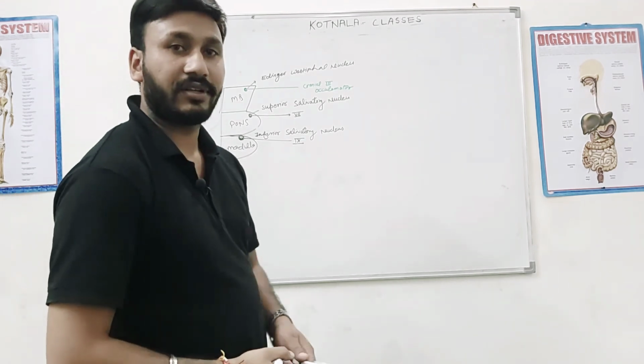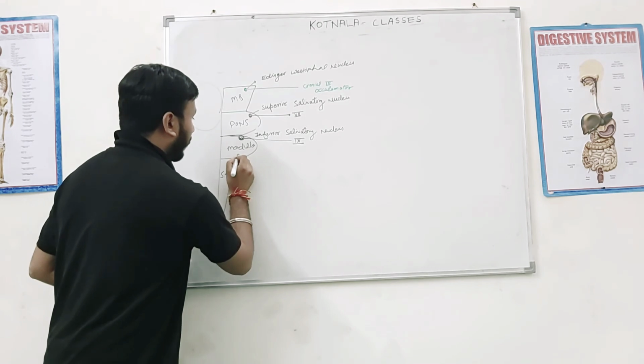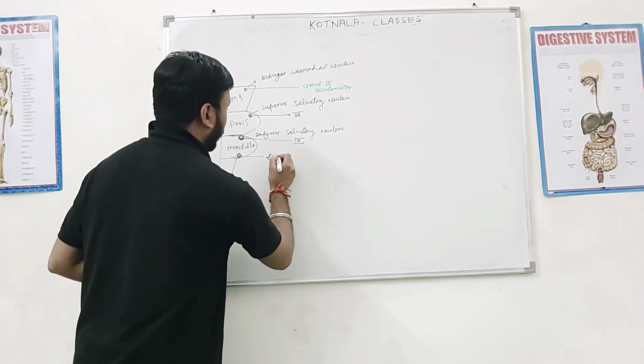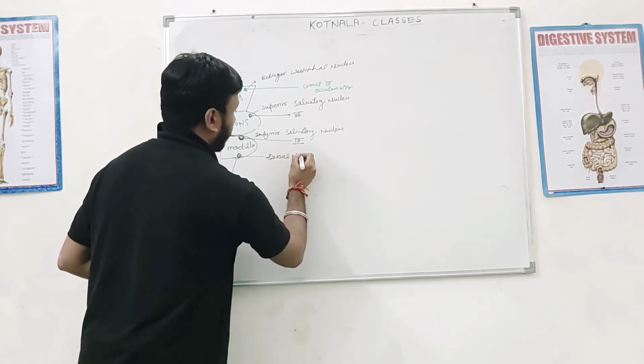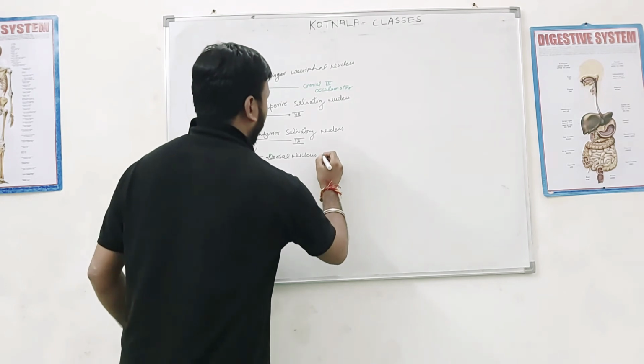And the last associated nerve comes from the lower part of the medulla, and this nucleus is called the dorsal nucleus of the vagus.